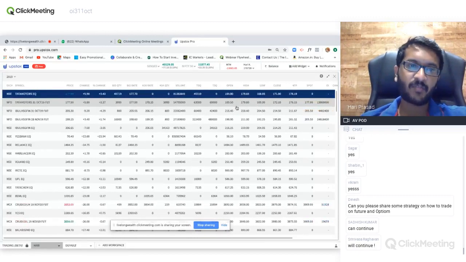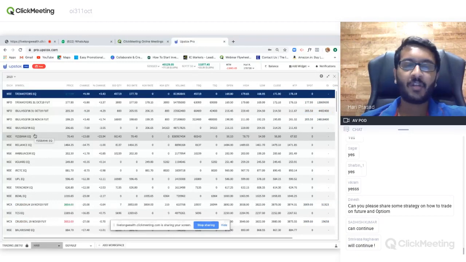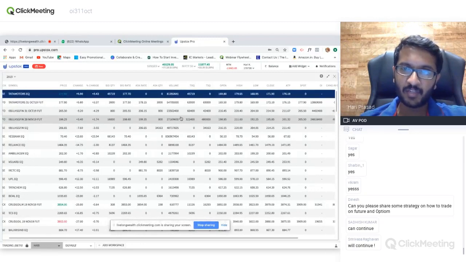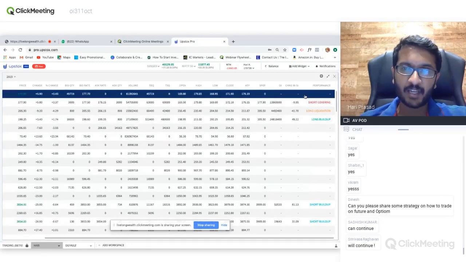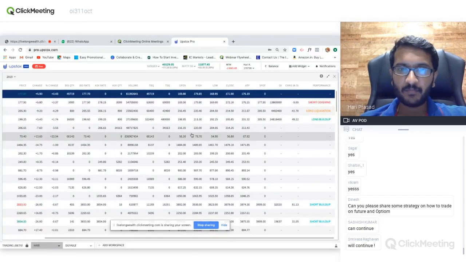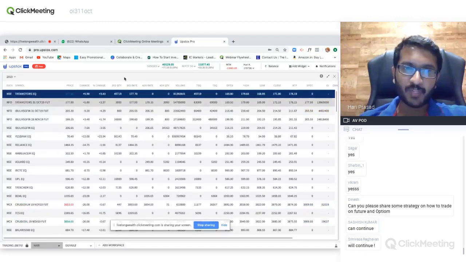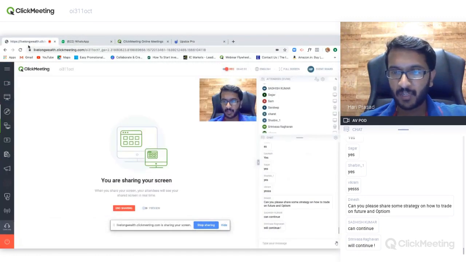Whichever stock you're looking at from the Nifty 50, you can see future contracts associated with them. You can see the open interest. You can see the number of active contracts that are existing. You can look at the option chain. So there are two things I would like you guys to do. First, have a look at the option chain of the stock that we were talking about, whichever stock you look at from Nifty 50.